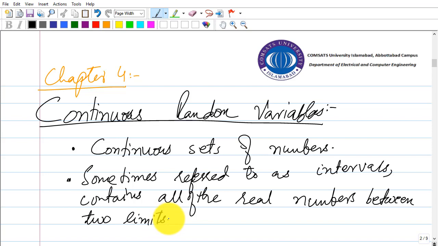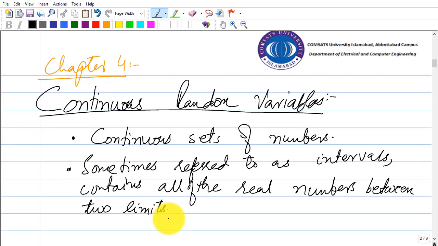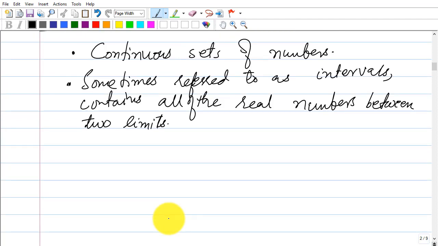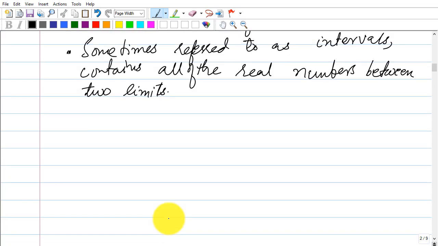So that's what we can see, that if we take two numbers, we can always have a number that exists in between them, so that can go infinitely. So that we can say that is the interval, and that is the continuous number or continuous set of numbers.